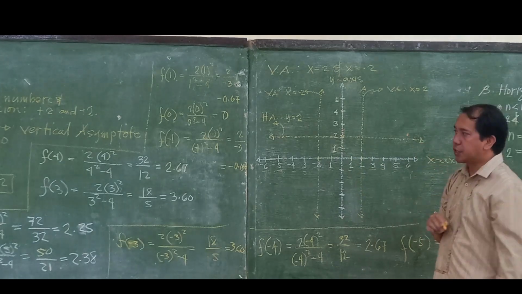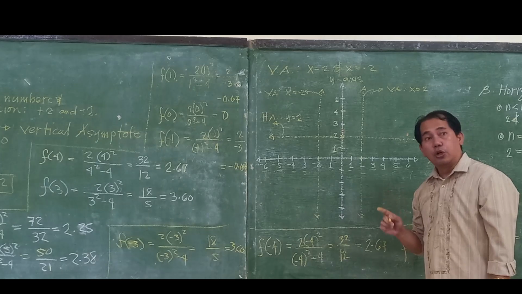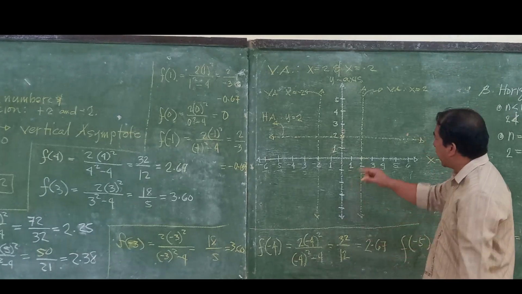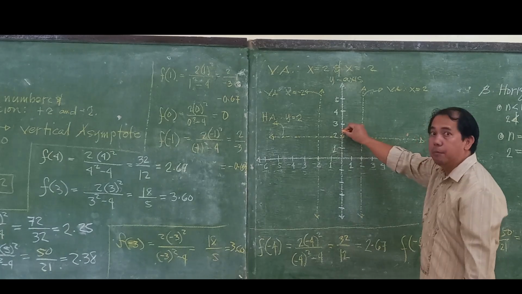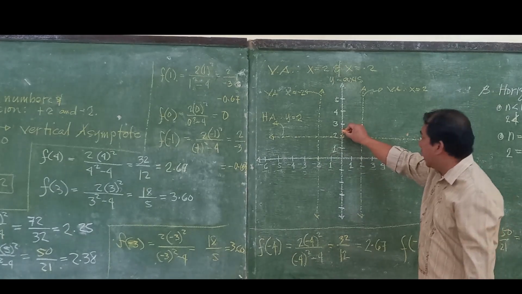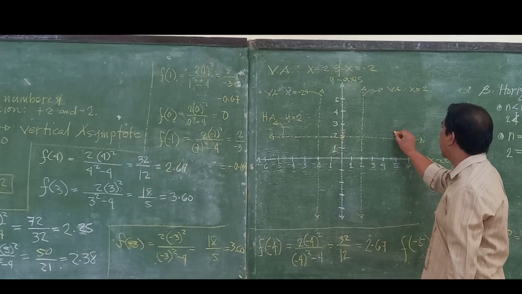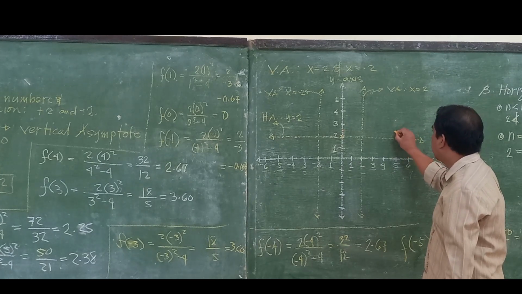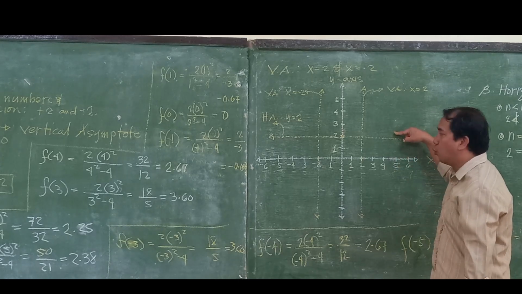Next, if we have 5, your y is 2.38. So if this is 2.25, just above. Okay, above is 2.38. So that is if your x is 5.